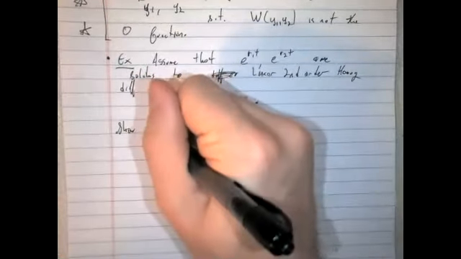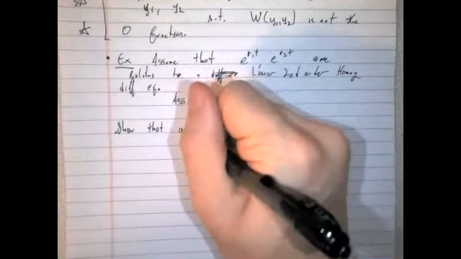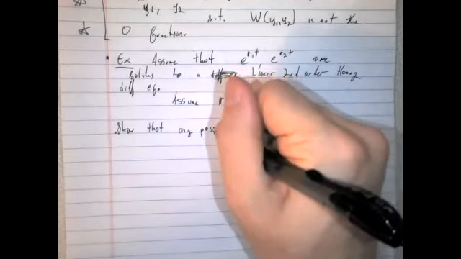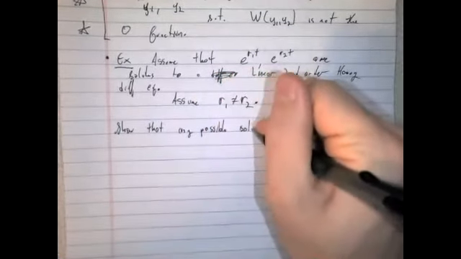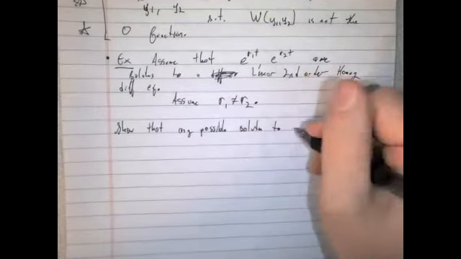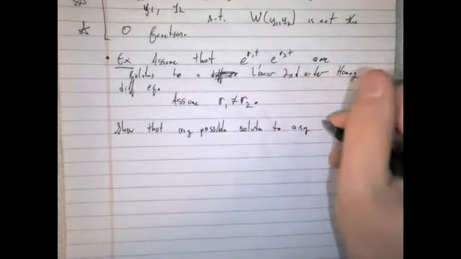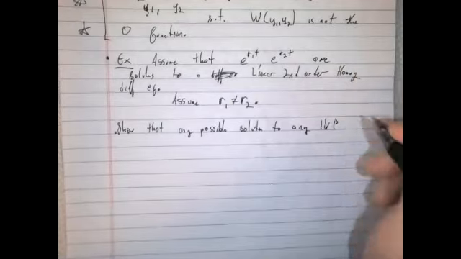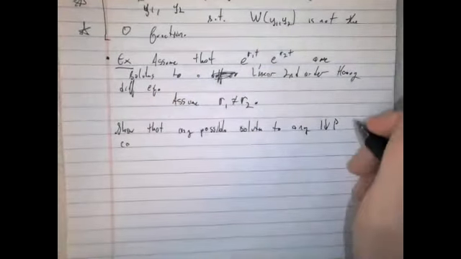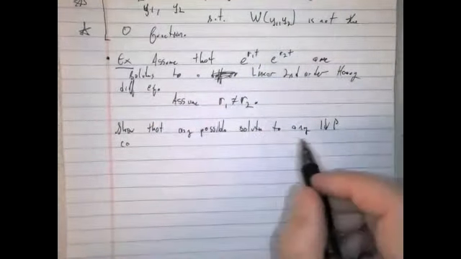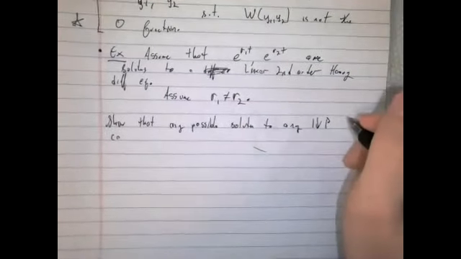Show that any possible solution to any IVP can be written. Here what I mean is you fix the differential equation and you're changing the initial data.